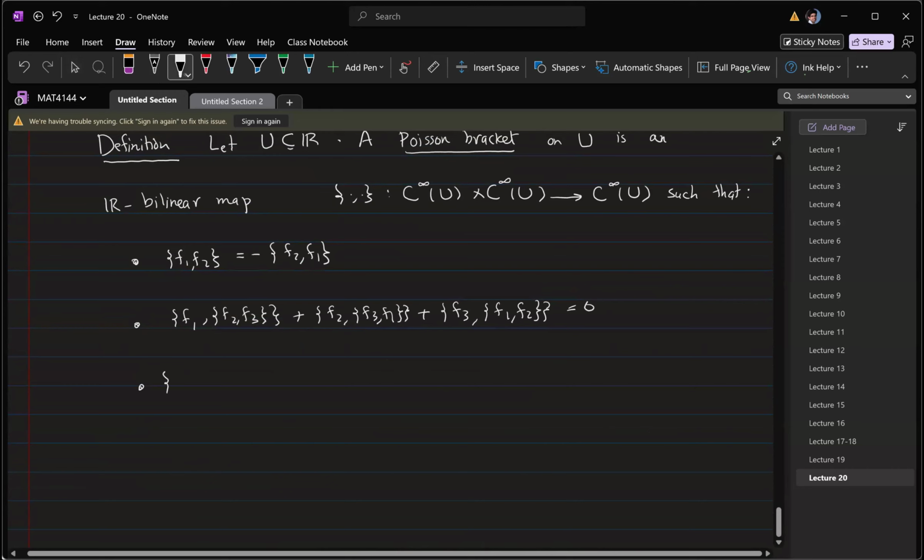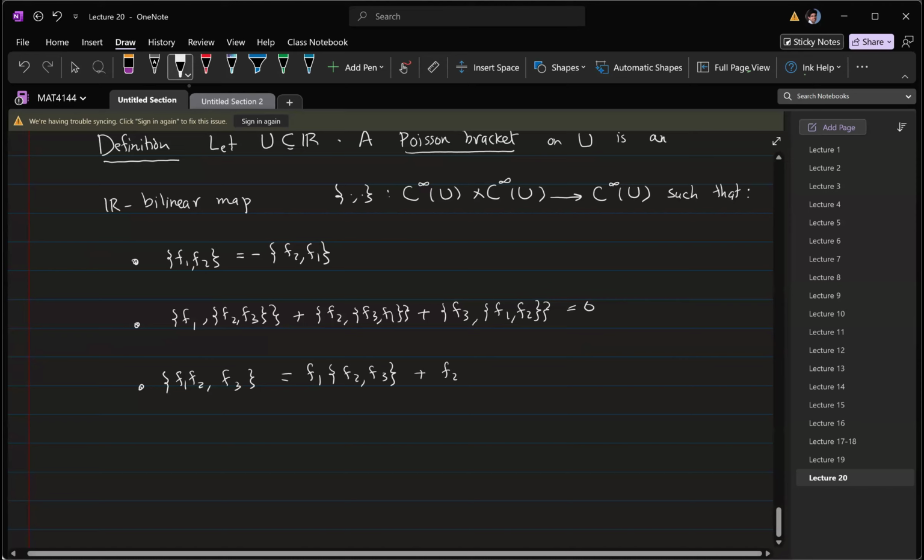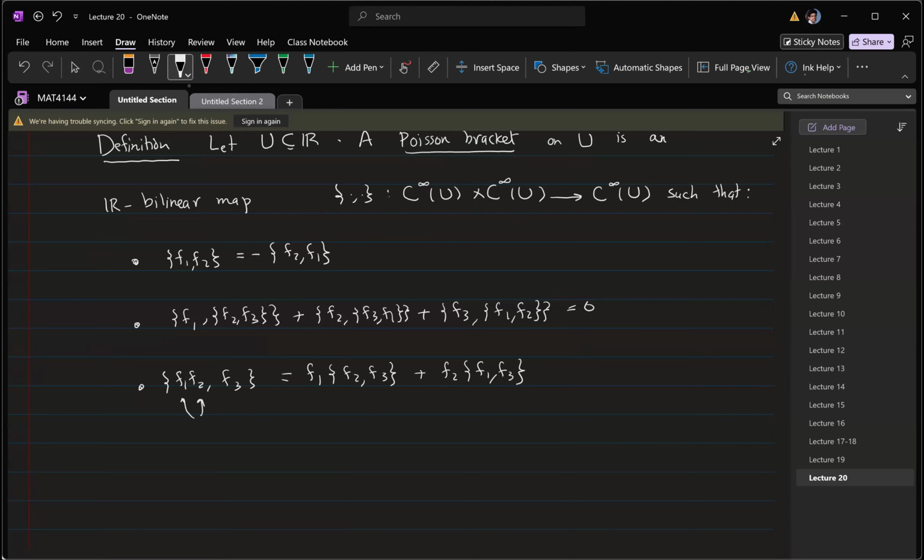If I have {F1, F2 F3}, this is equal to F1 multiplied by {F2, F3}, where the multiplication is the usual pointwise multiplication of functions, plus F2 times {F1, F3}. So I can pick one of the two, multiply by the result of the Poisson bracket of the other two, and then add the result.